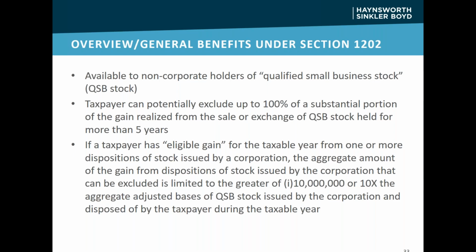So since this applies to the higher amount of the two measurements, the total gain excluded can be more than $10 million. A corporation that qualifies to have qualified small business stock can have up to $50 million in assets upon its inception. So the maximum amount of gain eligible for the exclusion could reach $500 million under the 10 times basis rule.